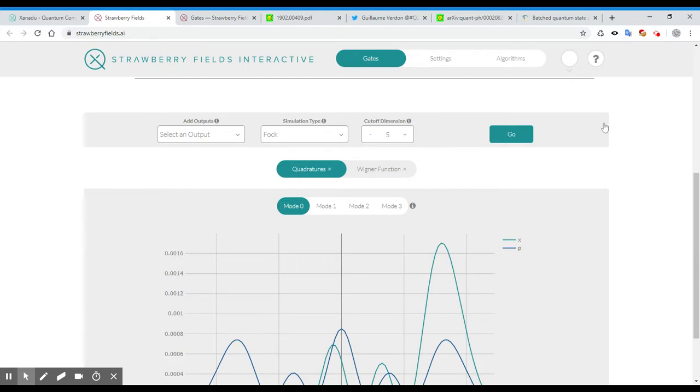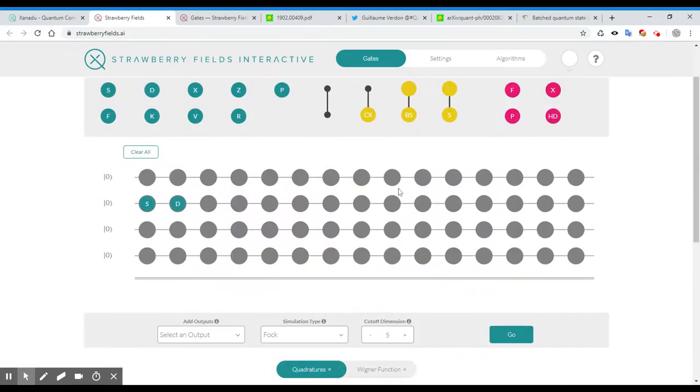Okay, interesting. So we have momentum displacement, displacement, quadratic phase, rotation, cubic phase, Kerr, Fourier transform, position displacement.